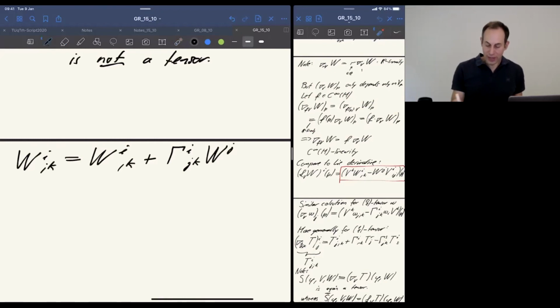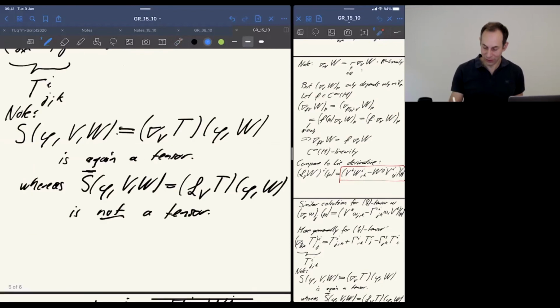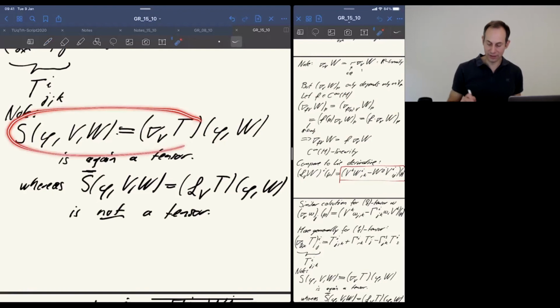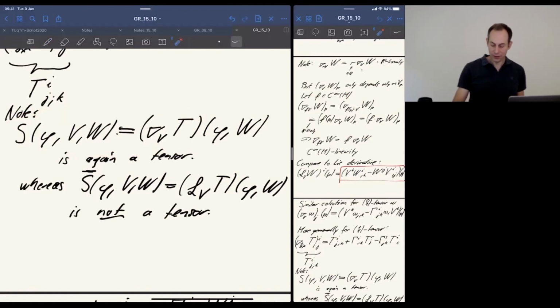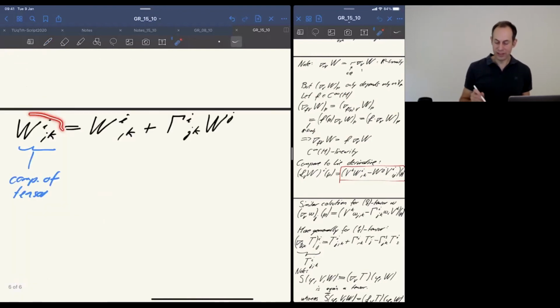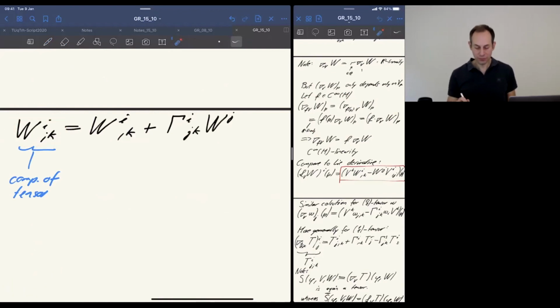What I told you before is that this object consists of the components of a tensor, which follows from the fact that I just told you more generally that if we define such an object, that's again a tensor. So in particular, we verified that even this direction, the V part, can be understood as the input to a tensor.